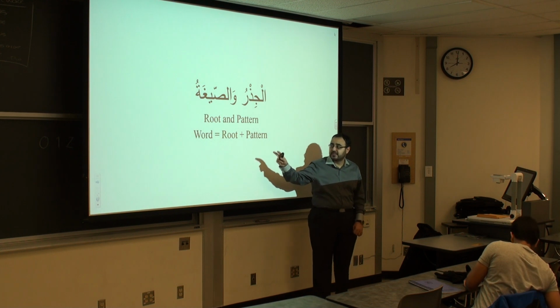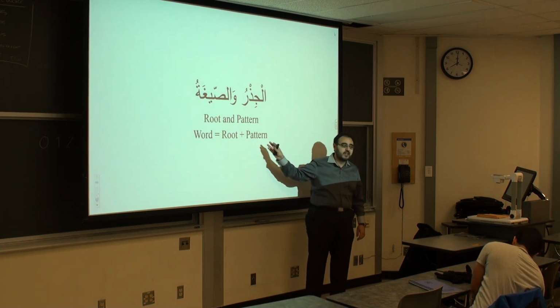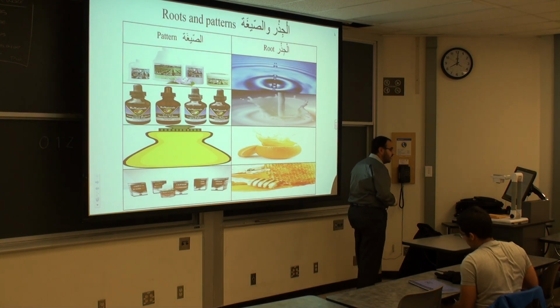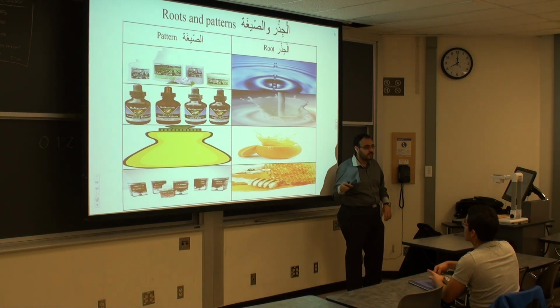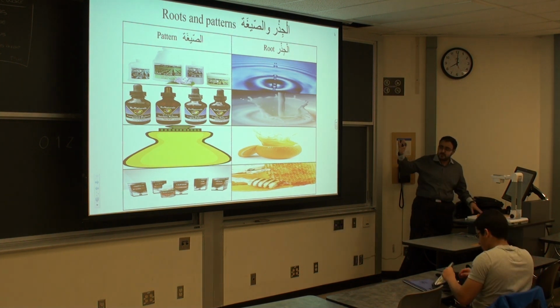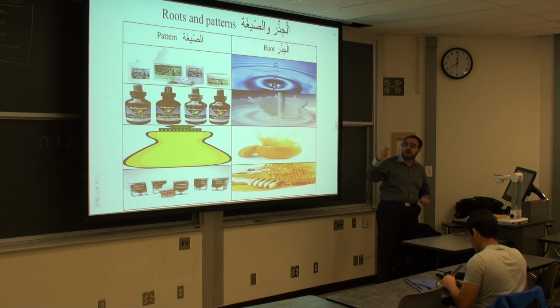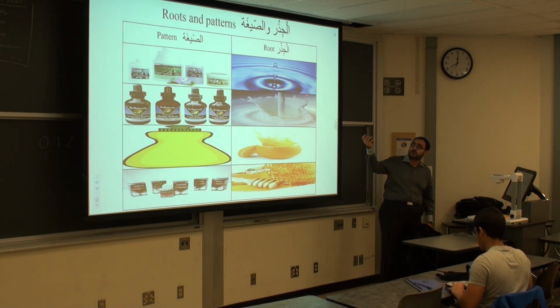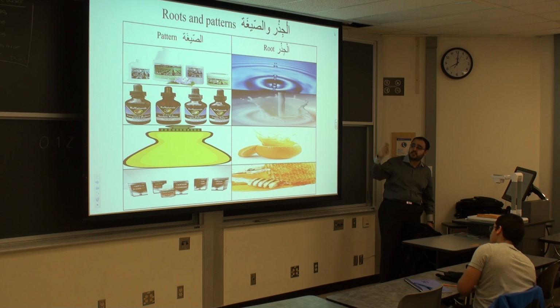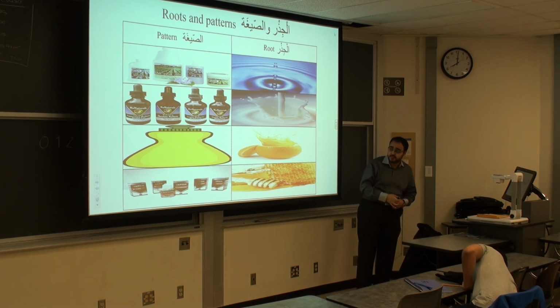It's important to know that any Arabic word consists of a root and a pattern. You can think of the root as the liquid that you pour into any container. The container will be our pattern. So let's say that you pour a liquid, let's say water, into any of the differently shaped containers.